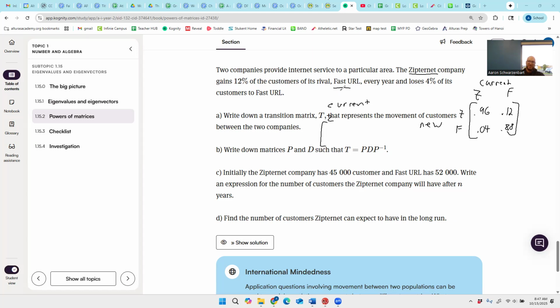So I'm naming them Z as ZipperNet. ZipperNet's current to ZipperNet's new. Fast URL's current goes into ZipperNet for the next year. ZipperNet's current goes to Fast URL the next year. Fast URL to Fast URL.